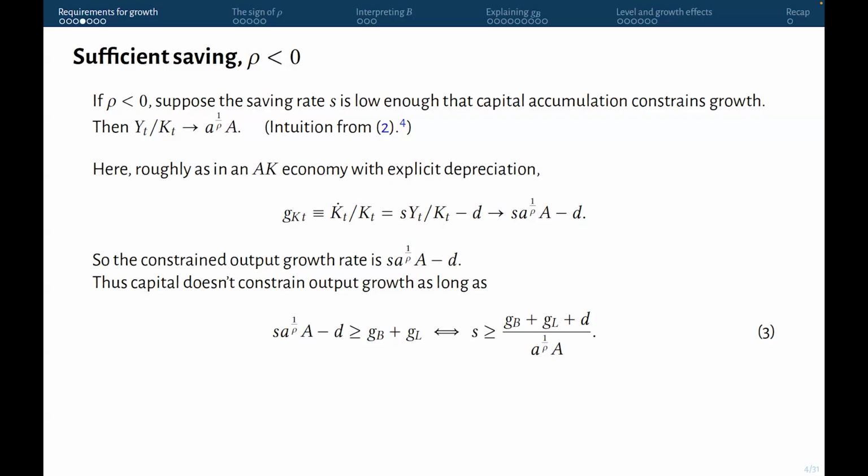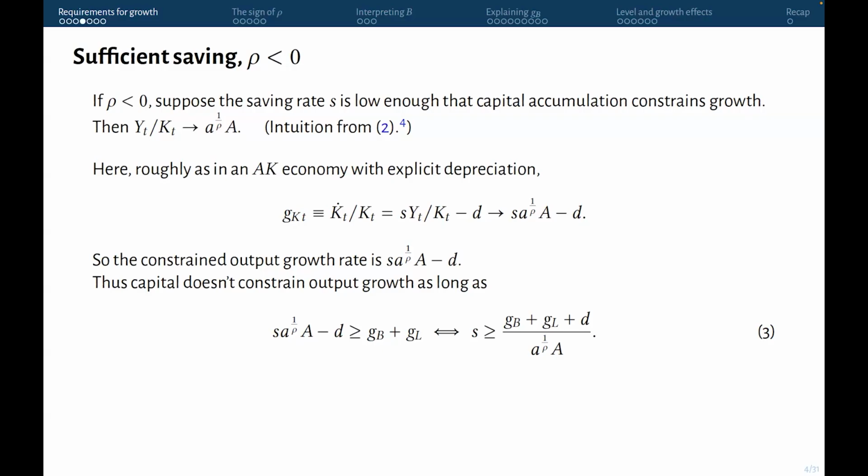We said hypothetically, let's say you weren't saving enough for capital not to be constrained. So you're saving so little that BL is going off to the moon, and we're in the rho less than zero world. When one factor becomes way more plentiful, you basically have output linear in the remaining factors, here linear in capital.